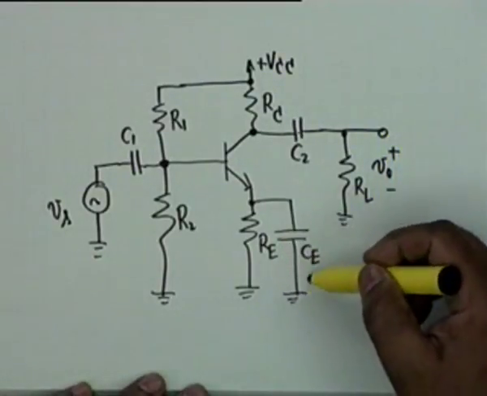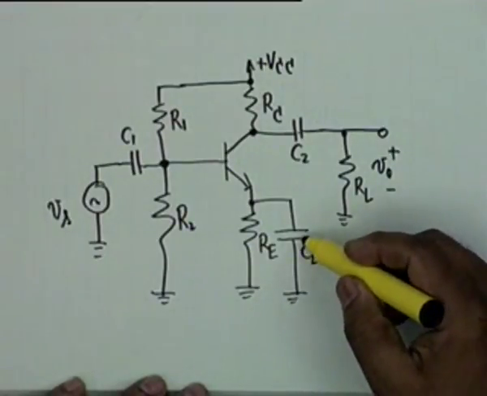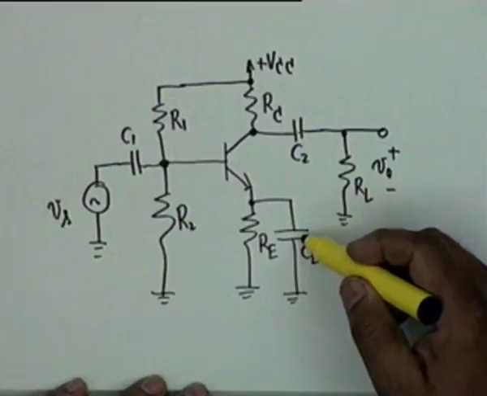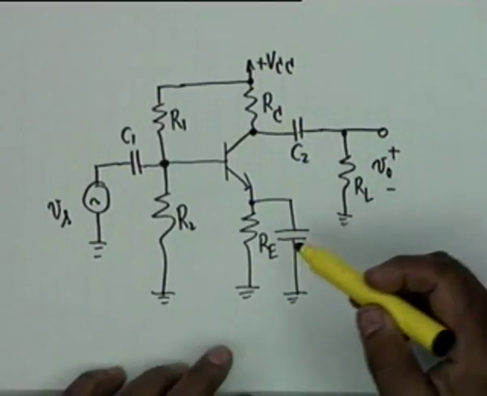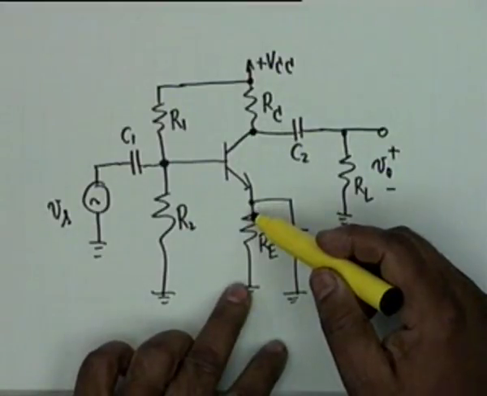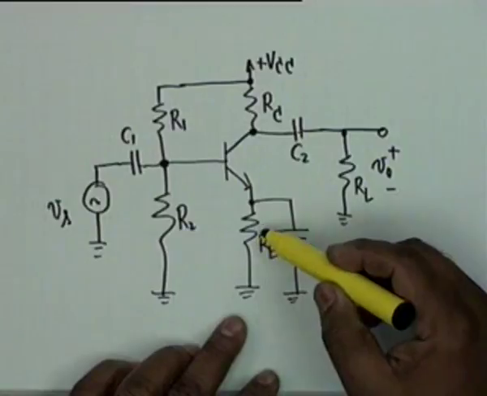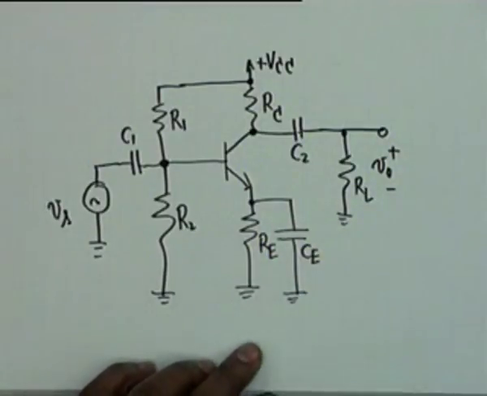And the purpose of CE, the third capacitor, across the emitter resistance, is to act as a short circuit to AC. As far as DC is concerned, RE is effective. There is a drop in RE. But as far as AC is concerned, we don't want any drop in RE. So we bypass RE by a large capacitor.